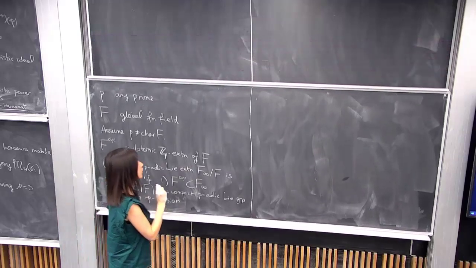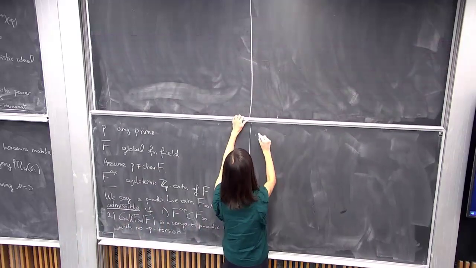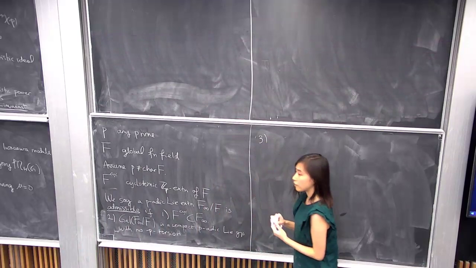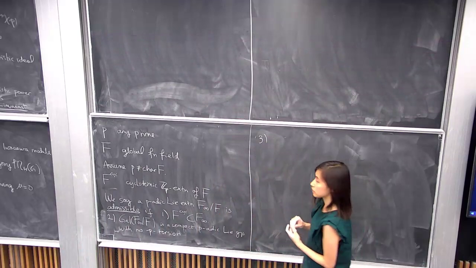Finally, we're going to assume that F infinity over F is unramified outside a finite set of primes.